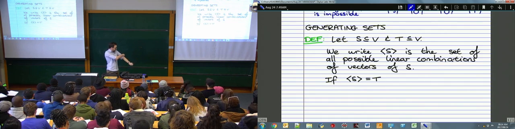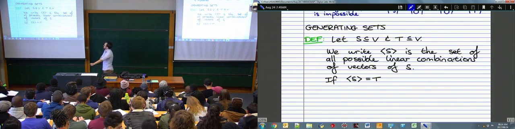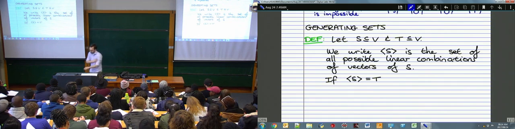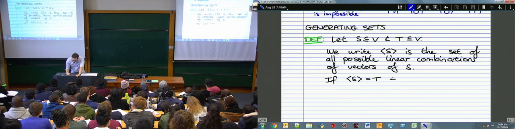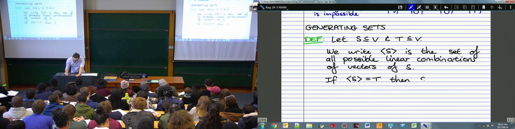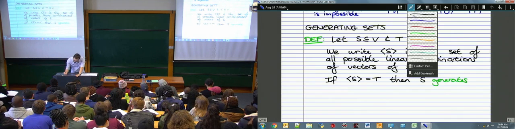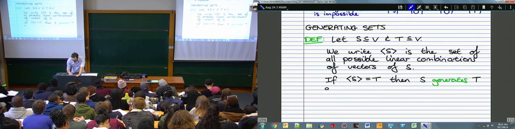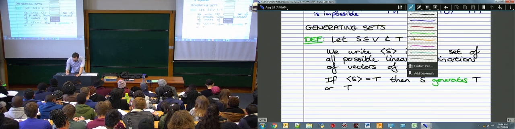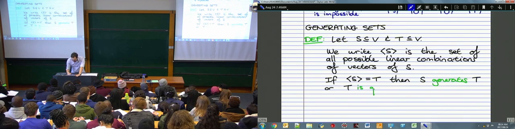So if the set of all linear combinations of vectors in S is equal to the set T, then S generates T, or T is generated by S.